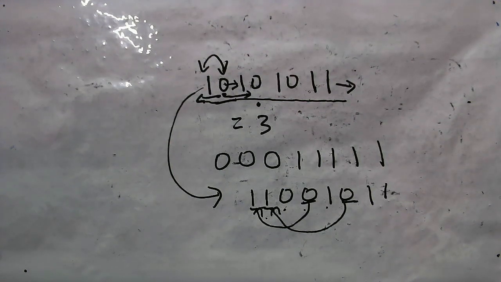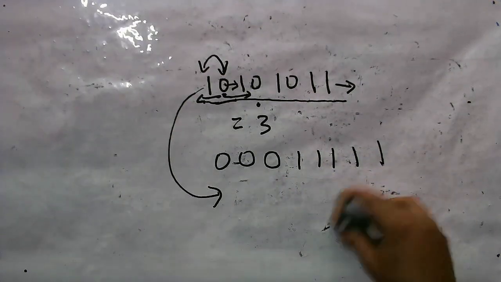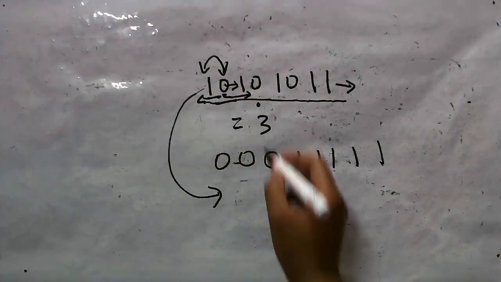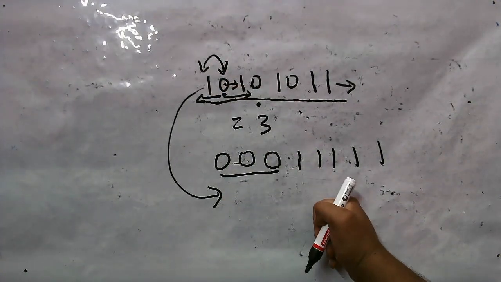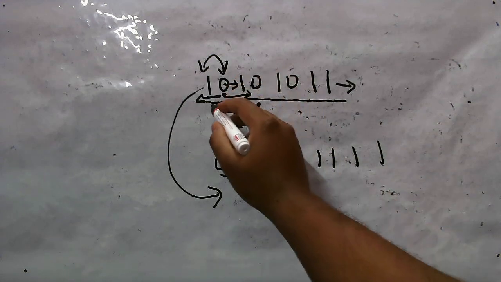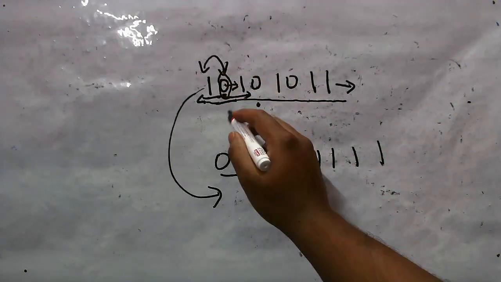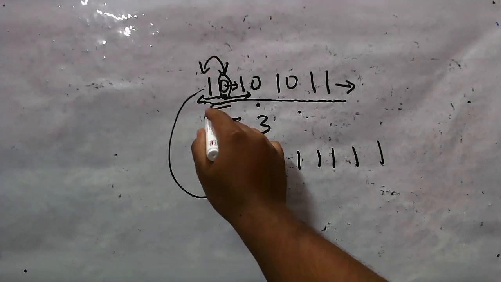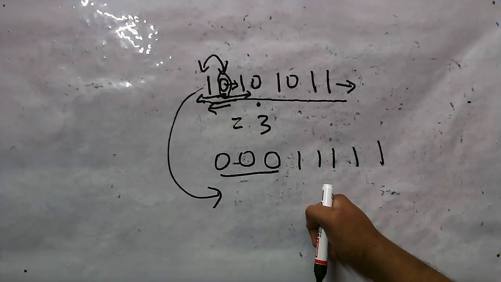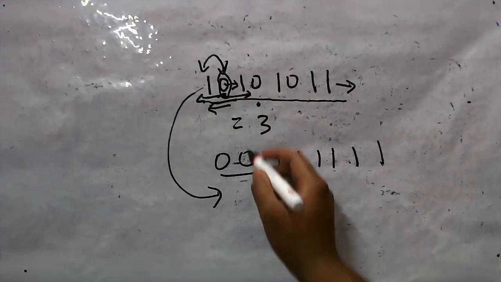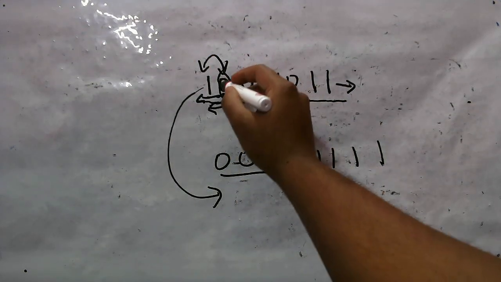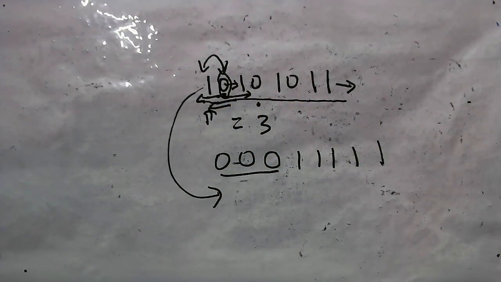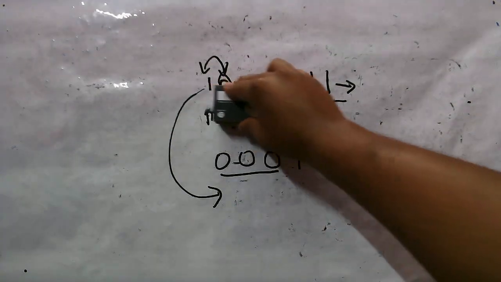So what we need to do is, we know the first three locations will always be filled by 0. So we need to find the nearest 0 which can be shifted to the first desired location. So this 0 should be shifted here. Let me clear things out for clarity.